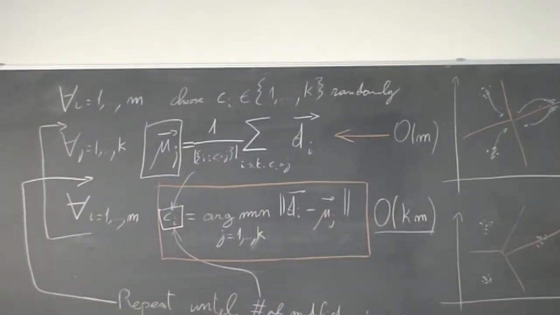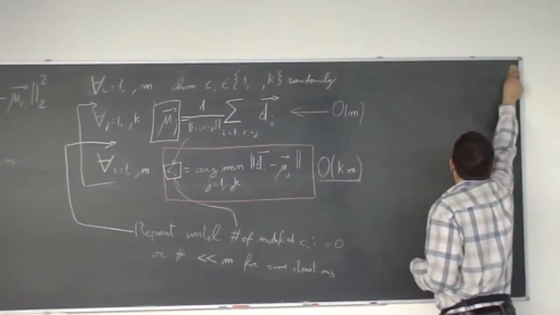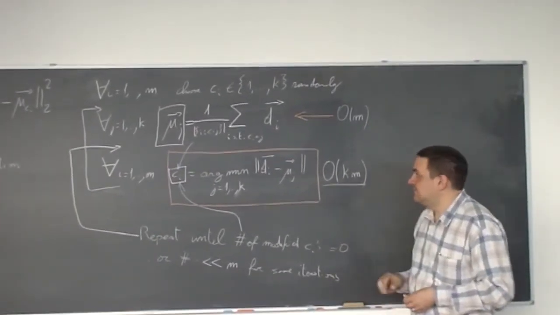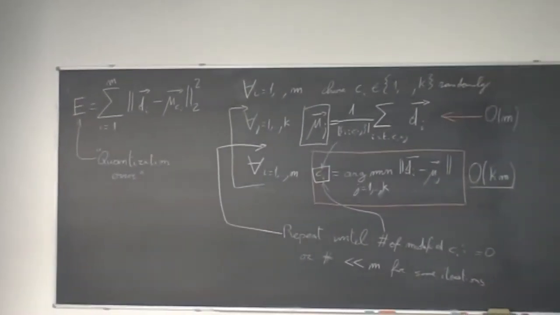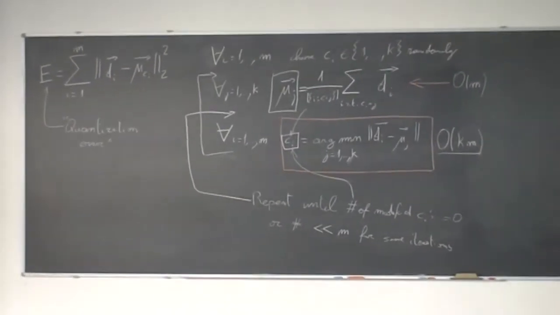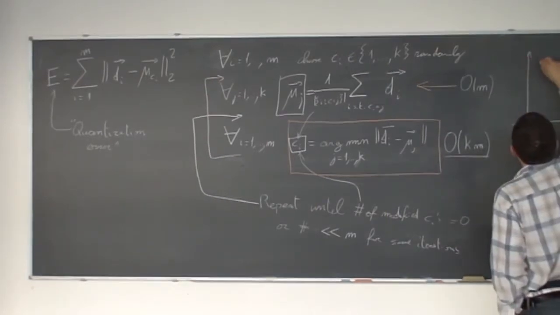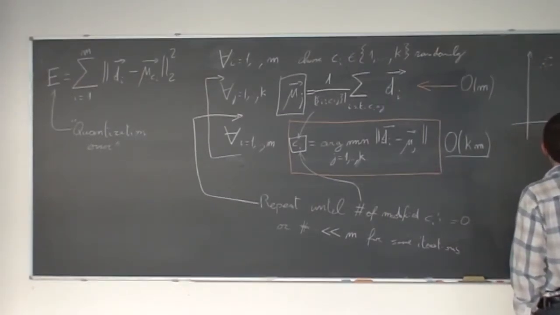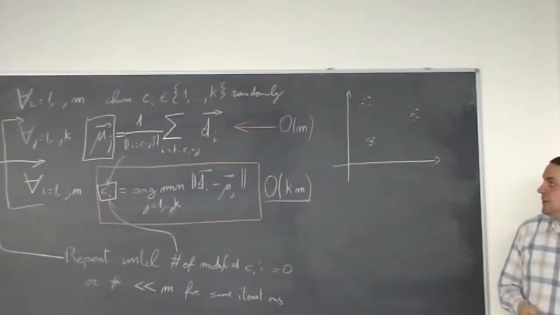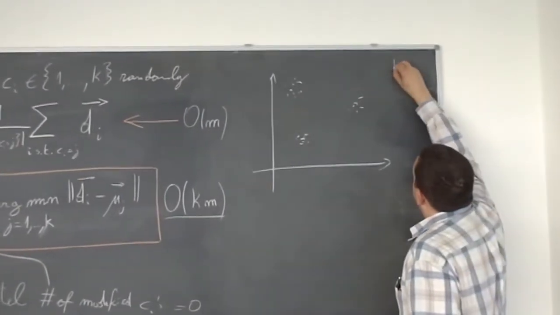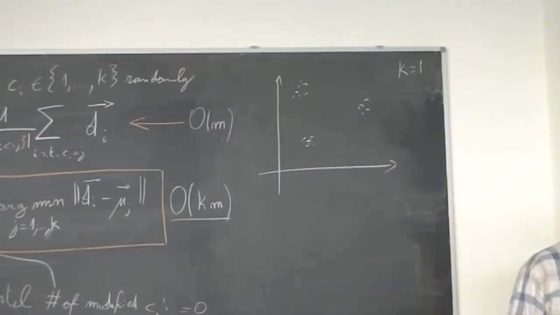Let's see how this error works. Suppose that we still have the usual set of elements. Suppose that we choose k equal to 1, the smallest number of possible representatives.